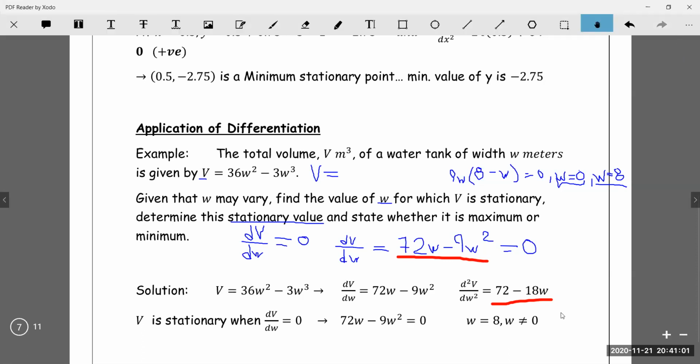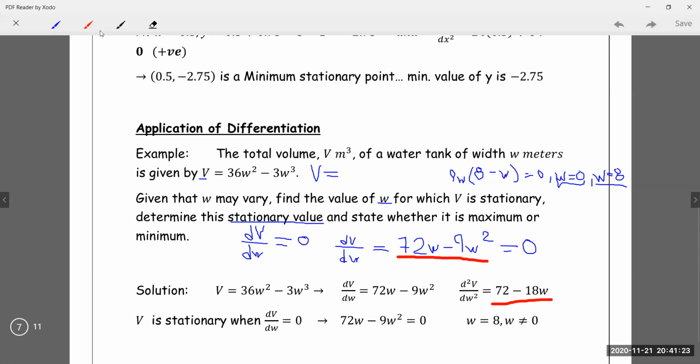Now what are you going to do to determine whether it's minimum or maximum? You're trying to determine, when W is 8, whether it is a maximum or minimum. How do you know if it's a maximum stationary point or a minimum stationary point?